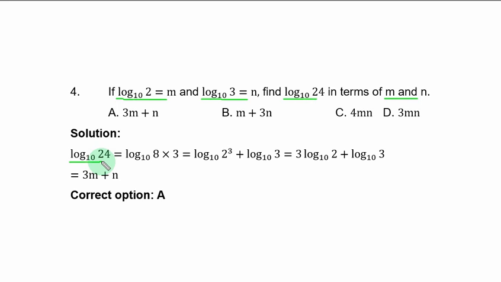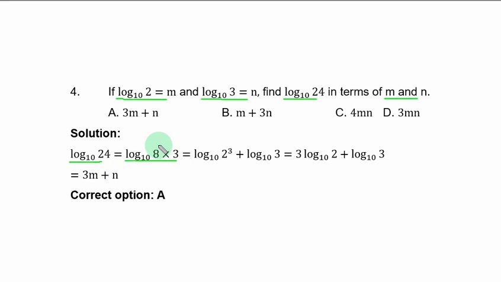For us to achieve 2 and 3 from that log 24 base 10, you need to first express it as log of 8 times 3 base 10. We can obtain 2 from 8. This is product, and product implies addition.